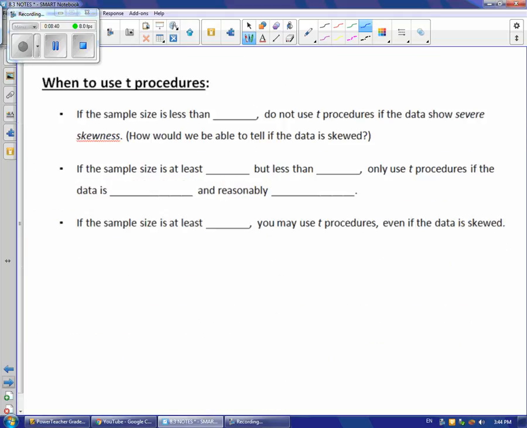So when do we use our t procedures? If our sample size is less than 15, do not use t procedures if the data shows severe skewness. If the sample size is at least 15, but less than 30, only use t procedures if the data is unimodal and reasonably symmetric.